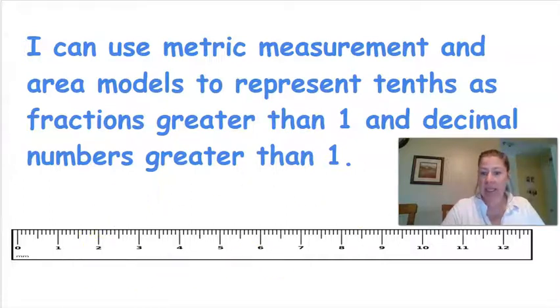So as you can see here, I have a metric ruler, and each number, 0, 1, 2, 3, represents a centimeter. Each smaller tick in between represents a millimeter.